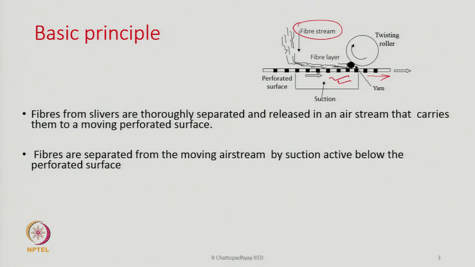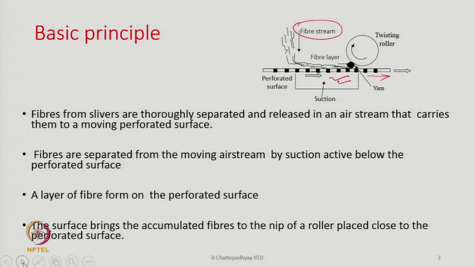There are a lot of perforations, the air is sucked, and the fibers remain on the surface. As a result, a layer of fiber will form on the perforated surface, and the surface is not stationary, but is moving from left to right.